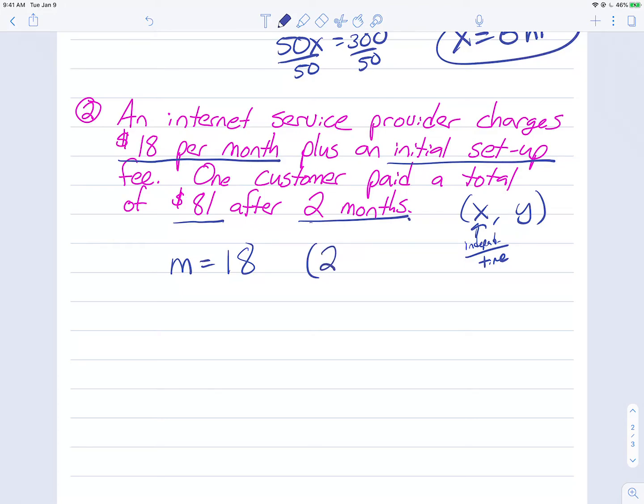So in 2 months, they had to pay $81. So the information gave us a coordinate. If I were to graph this with time and money, I would have 2 months and then $81 would be somewhere up in there, okay? Not to scale or drawn very nice.